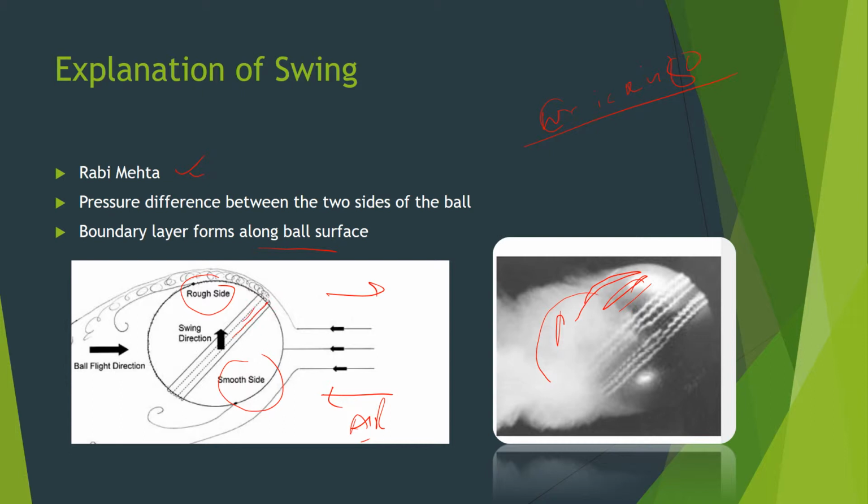Because of the seam there is roughness. When the air crosses that seam, it creates roughness, or creates a pressure, on that side of the ball. Let us say that P2 is the pressure on the rough side and P1 is the pressure on the smoother side. Normally P2 is greater than P1 because of roughness.